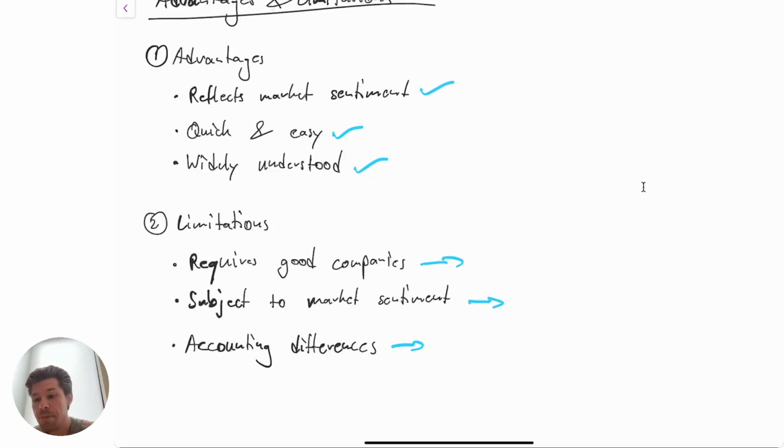If you use EBIT or earnings or any other numbers, because of accounting differences, depreciation and amortization may be different. So your underlying number, for example EBIT, may be different, and it can actually distort your multiples.